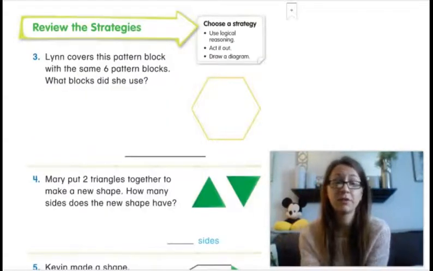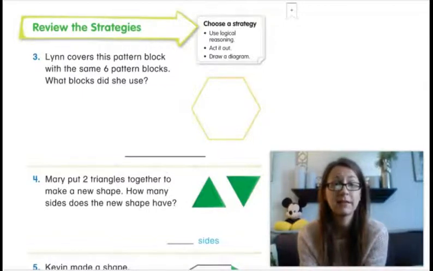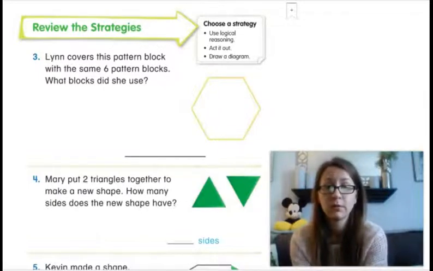Okay, here are your directions for the next 3 problems on the next page, page 676. So for number 3, it says, Lynn covers this pattern block with the same 6 pattern blocks. What blocks did she use? So again, I'm going to underline my first sentence telling us what we know. We know that Lynn covered this pattern block with the same 6 pattern blocks.